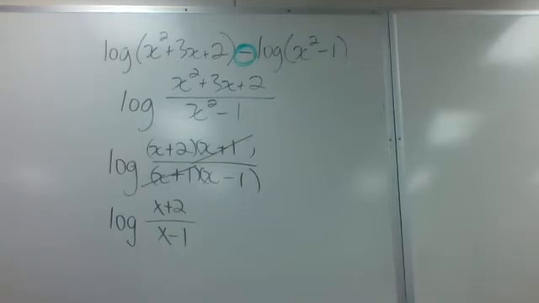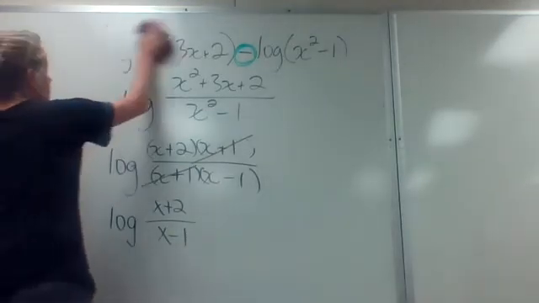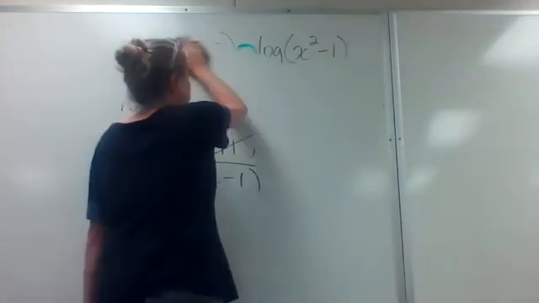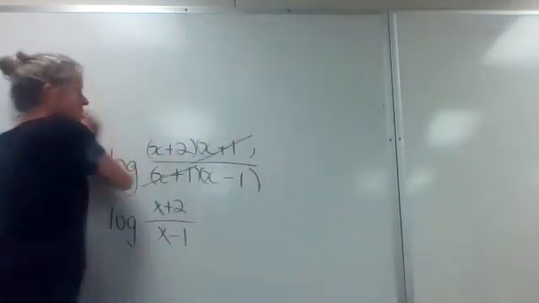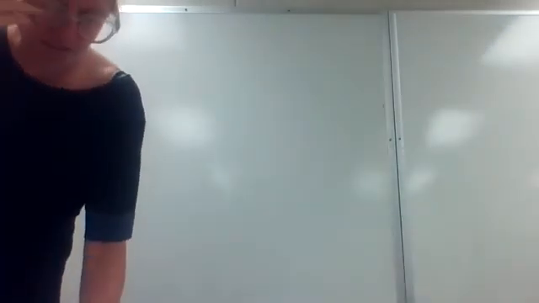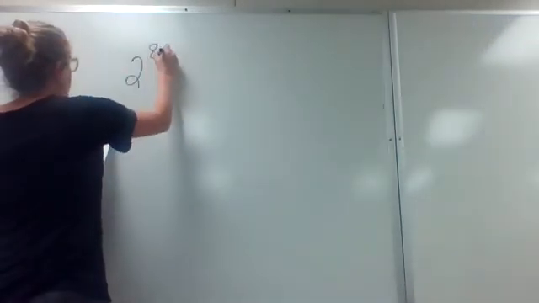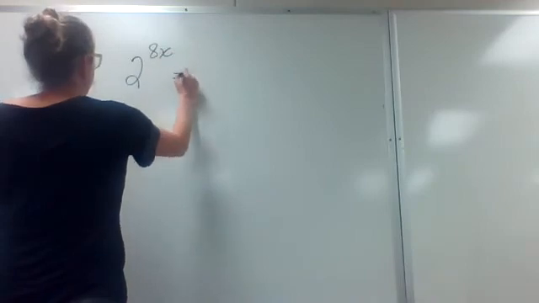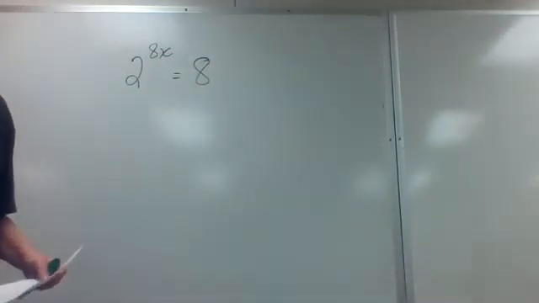So 22 is when we were getting into exponential equations, where we're solving equations where the x is in the exponent. Like number 22, you have 2 to the 8x equals 8.